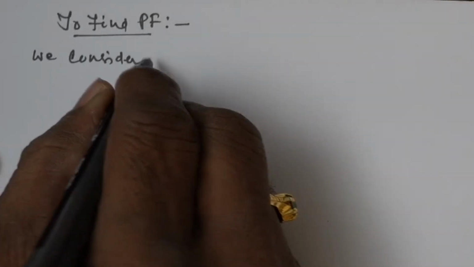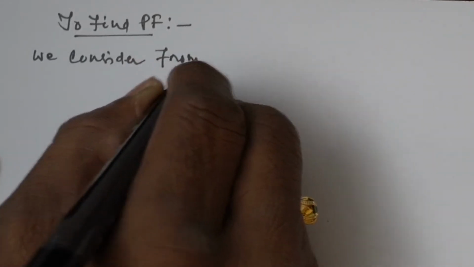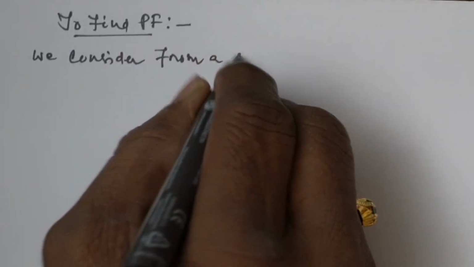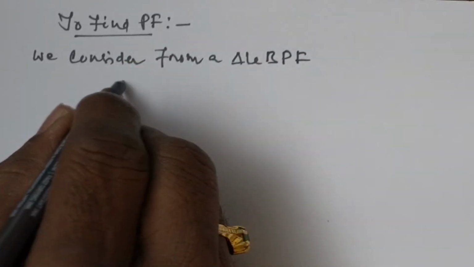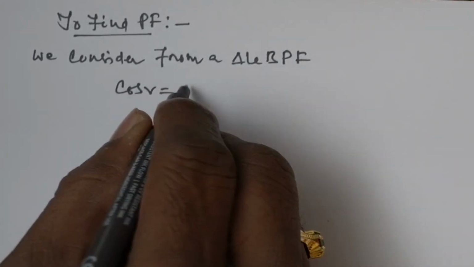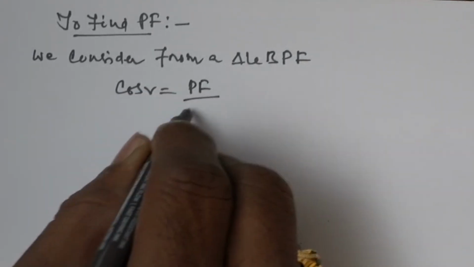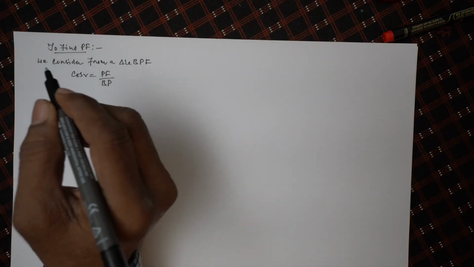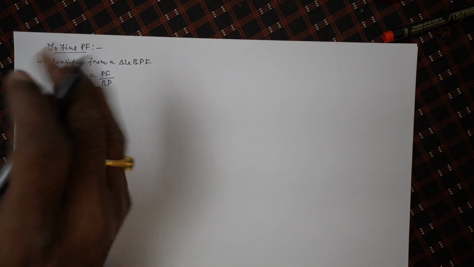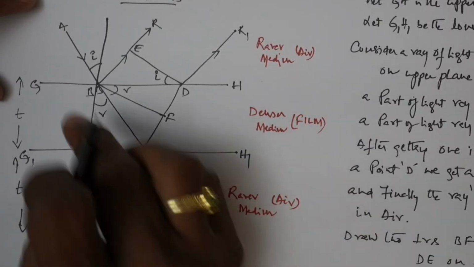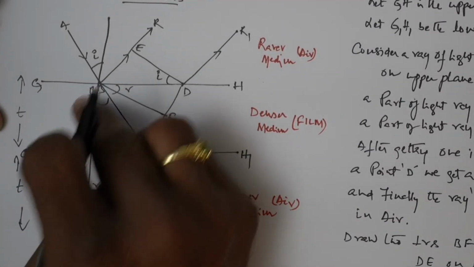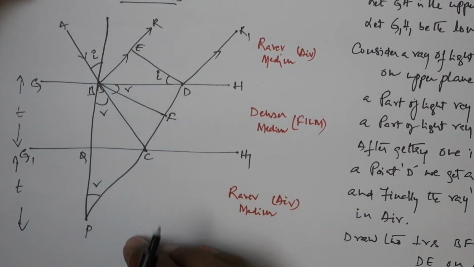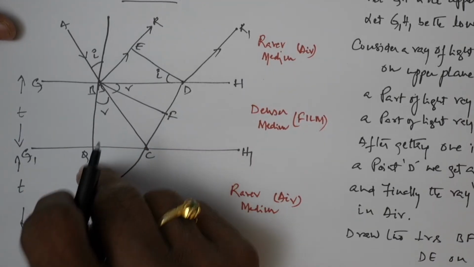From the figure, we consider triangle BPF: cos R is equal to PF by BP. And again from the diagram, we can write BP as BQ plus QP. BQ is equal to how much? T. QP is equal to how much?